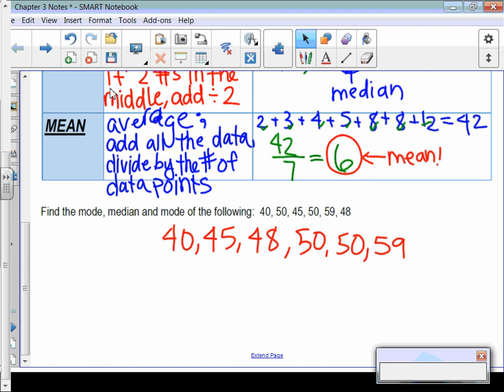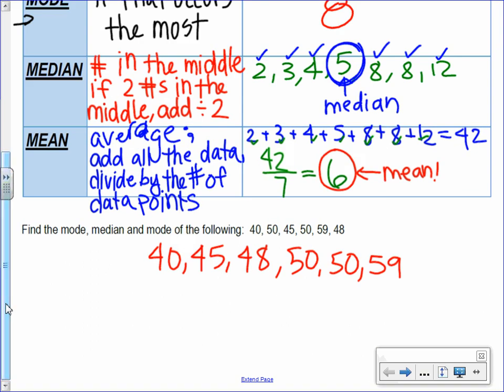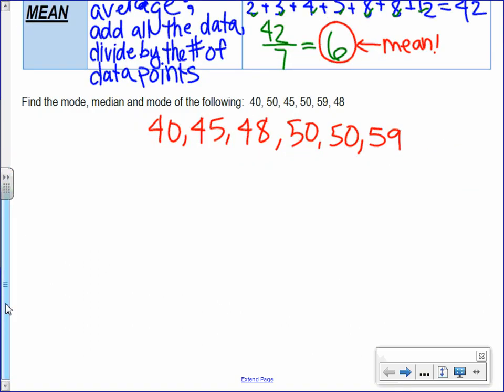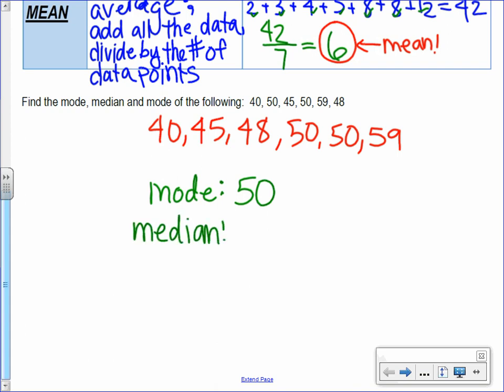All right, so hopefully you're back with me. Hopefully the mode was the easiest, and hopefully for the mode you got 50. All right, the median hopefully threw you for a little loop. So the median, you hopefully went 40, 59, 45, 50.